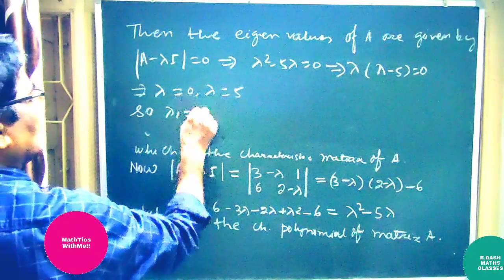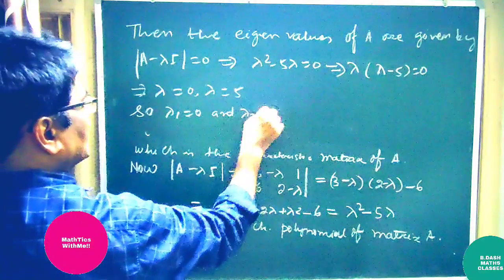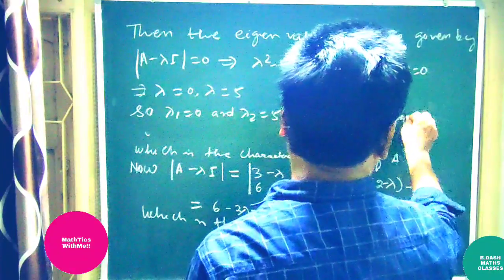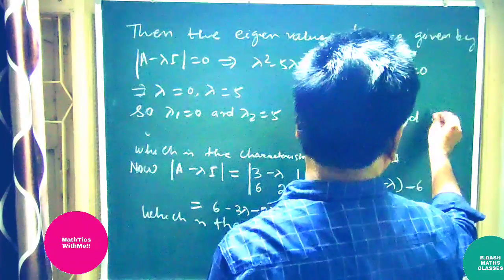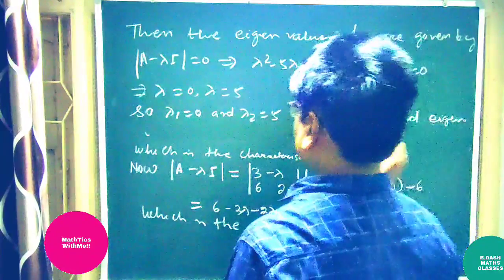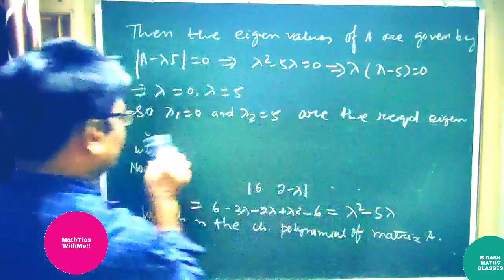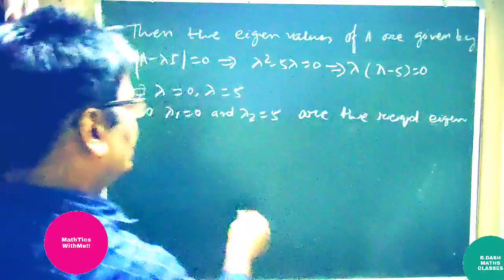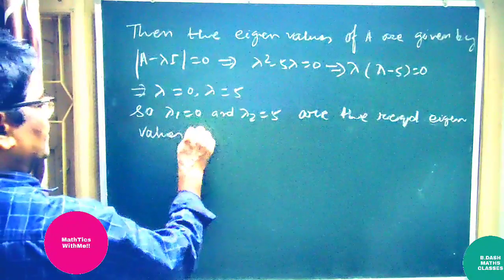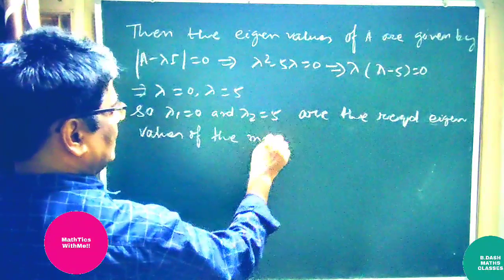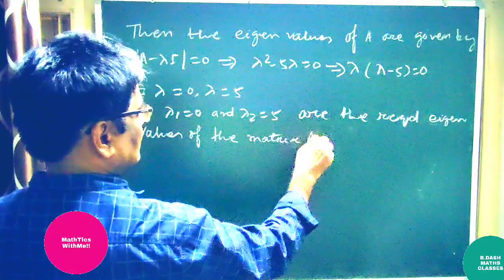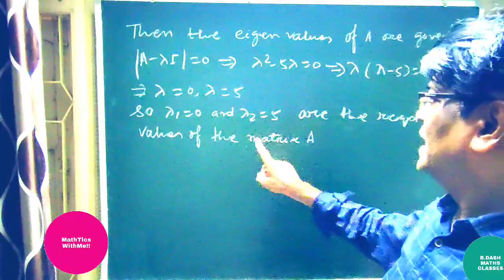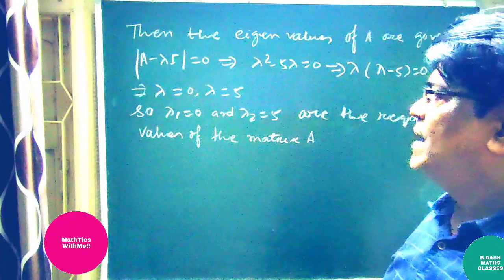So lambda 1 equals 0 and lambda 2 equals 5 are the required eigenvalues of the matrix A. So the given matrix has eigenvalues 0 and 5.